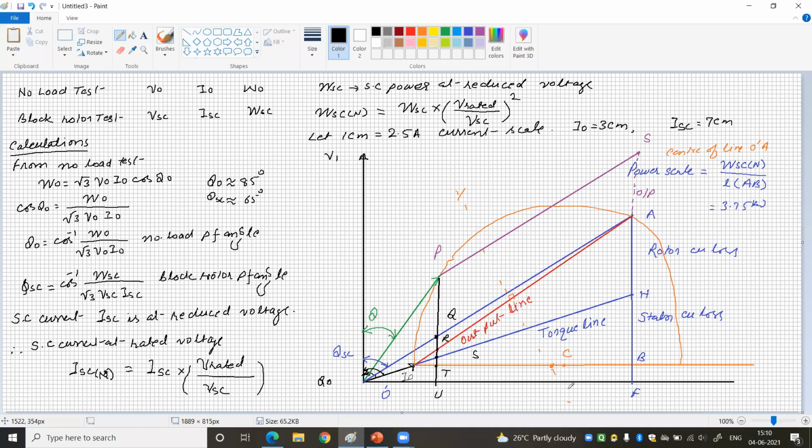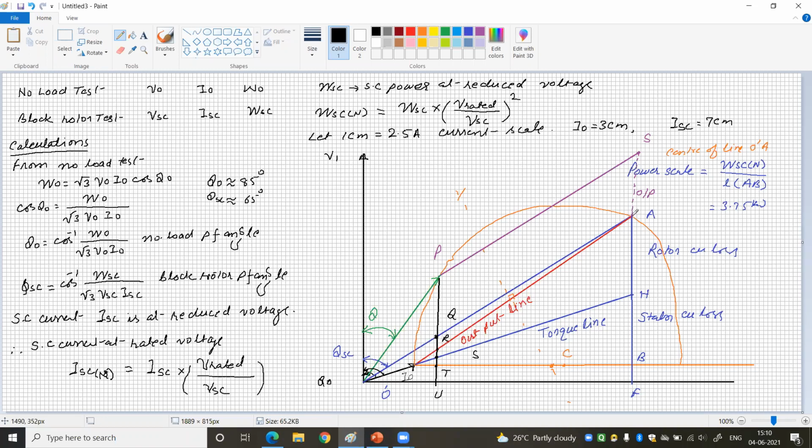Somewhere it will cut the axis, say at point C. Now C is the center. Take the distance C to A or C to O dash and draw a half circle. If the half circle is correct, it will touch point A as well as O dash.